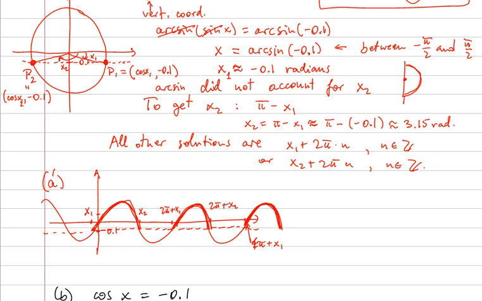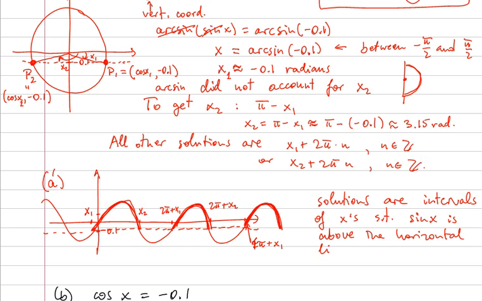So the solutions are intervals of x's such that sine x is above the horizontal line. So one such interval is the interval from x1 to x2, and all its shifts by an integer multiple of 2 pi.